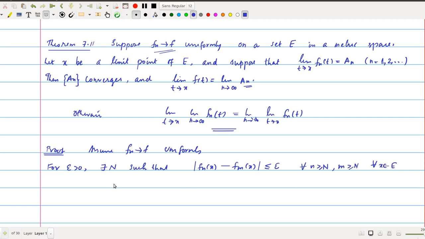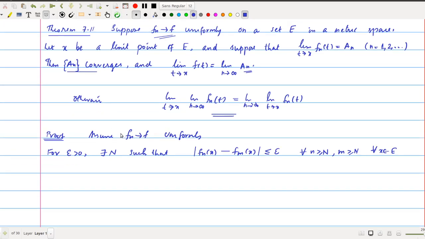Okay, first of all we need to prove that the sequence An converges. So in order to get the sequence An, we need to take the limit on this. By taking limit t tends to x on both sides of this equation, that will lead to An minus Am less than or equal to epsilon.